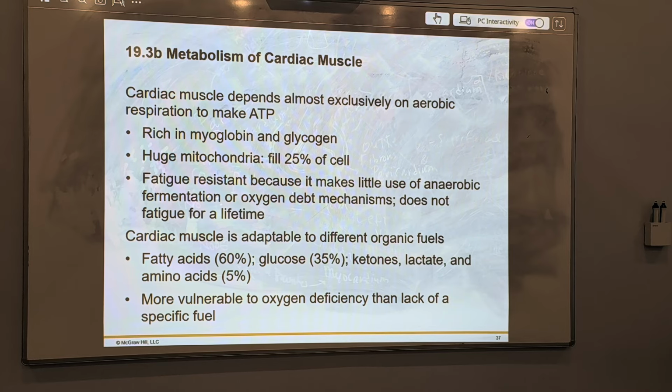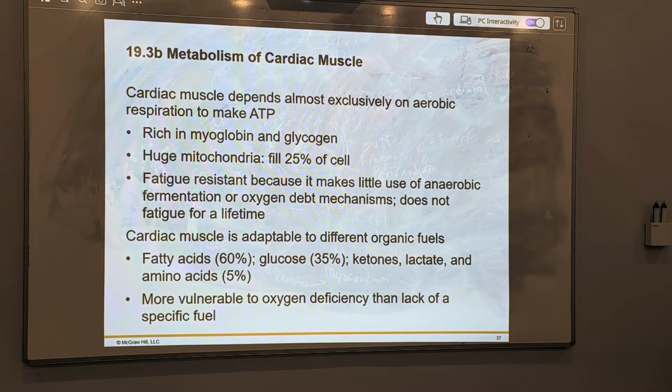Now, this cardiac muscle, we talked about its structure. It's striated, and it works like a pump to pump the blood. We referred to the importance of the coronary circulation because it brings in the oxygen and the nutrients.